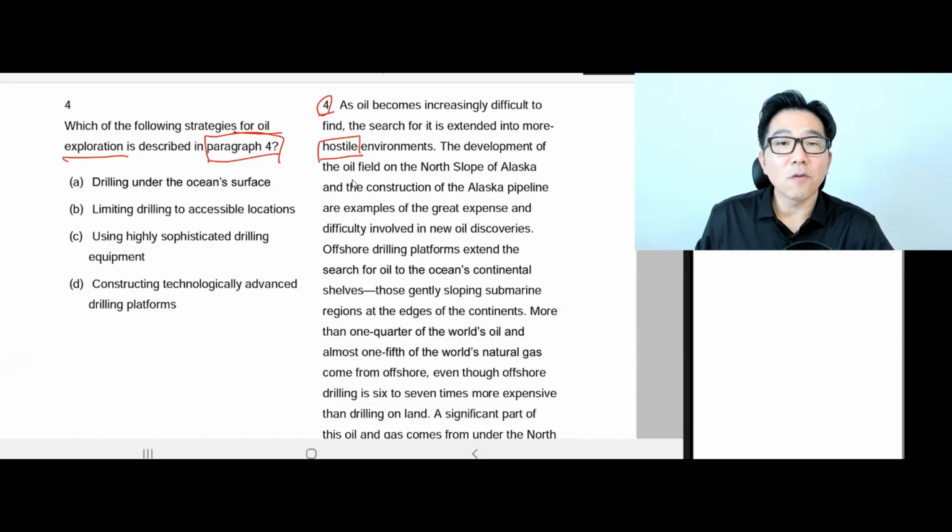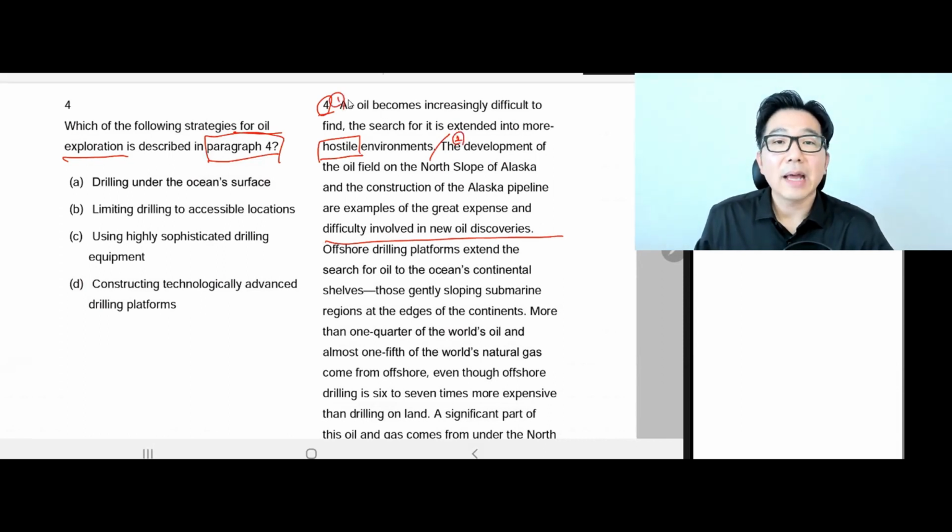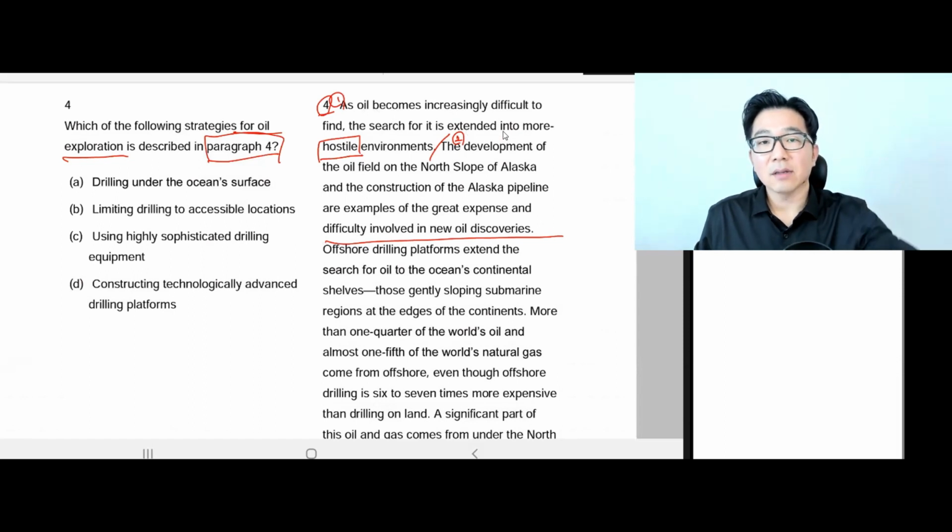The development of oil fields on the north slope of Alaska and the construction of the Alaska pipeline are examples of the great expense and difficulty involved in new oil discovery. So these two sentences work together. The first sentence made a statement that as oil is harder to find these days, they go to other less friendly areas to get oil.